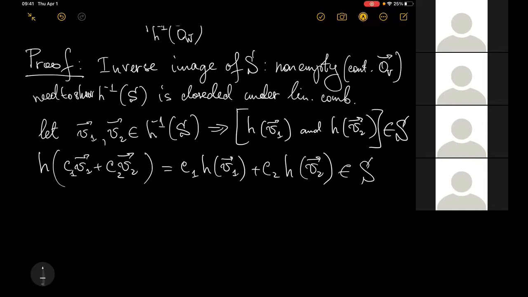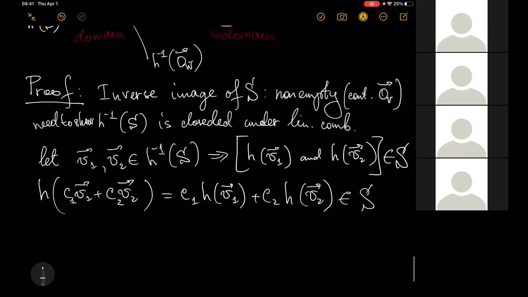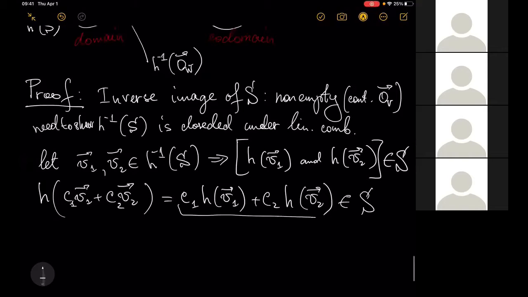Because a subspace is closed with respect to linear combination, right?